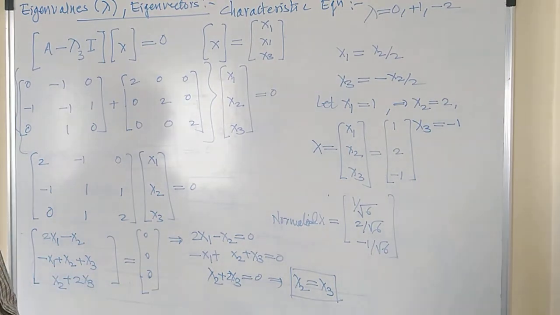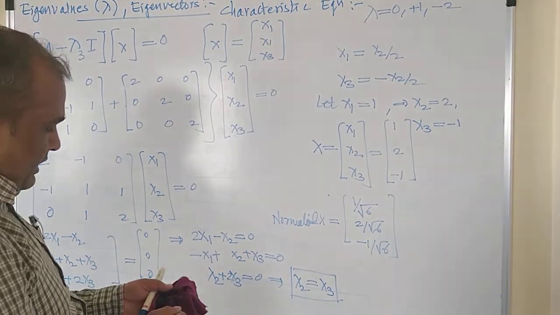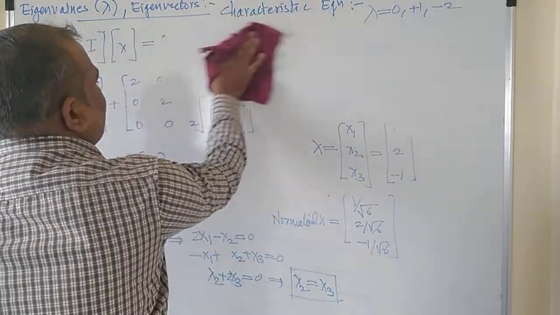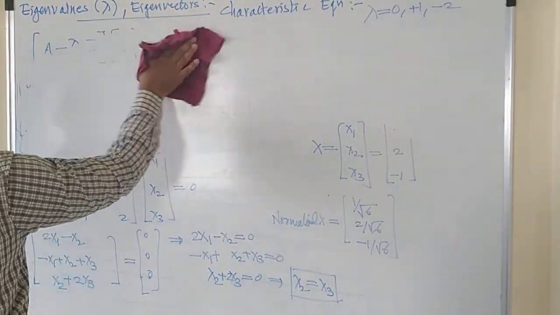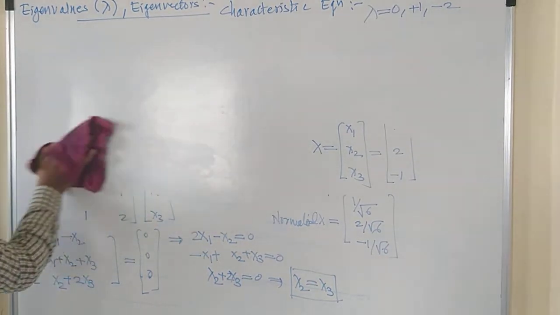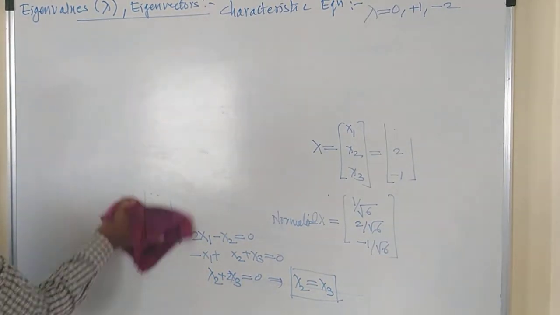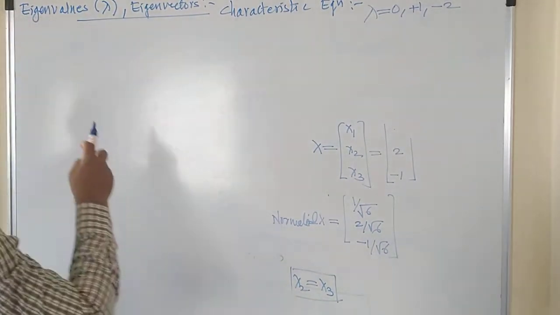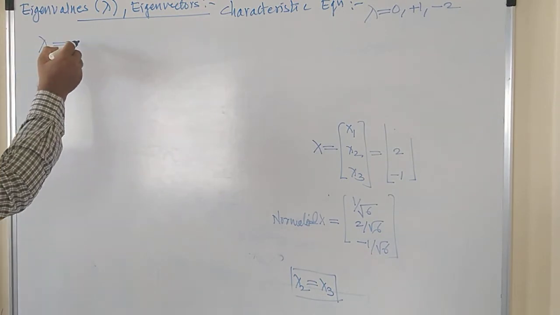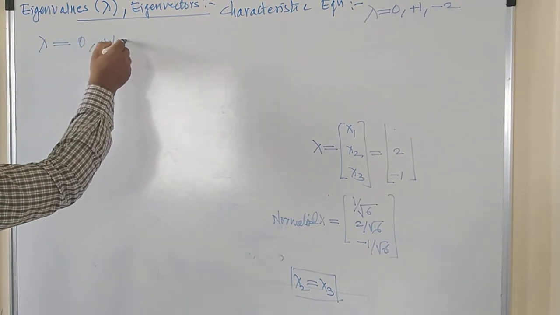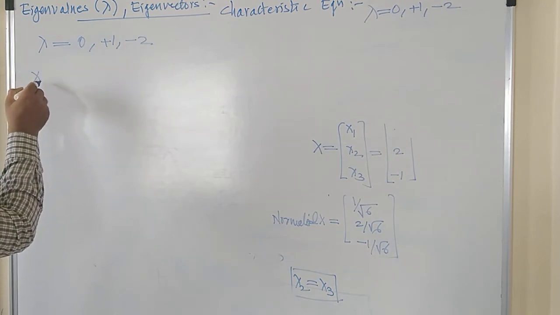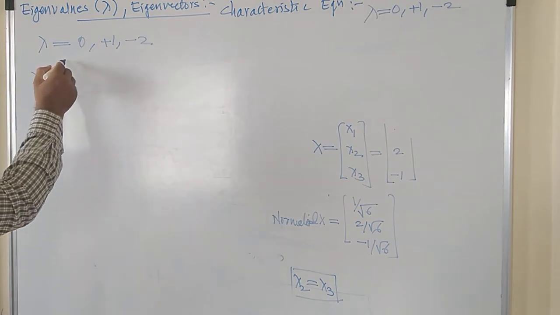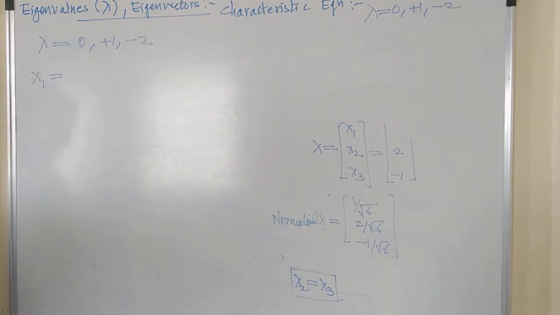Let me rub this out and write here the given eigenvalues and eigenvectors. I don't have all at a time on the board. So eigenvalues are 0, plus 1, minus 2. Eigenvectors: x1 is equal to how much? I don't remember now.